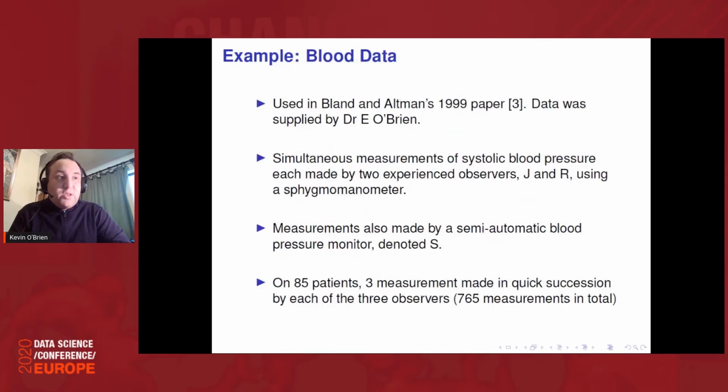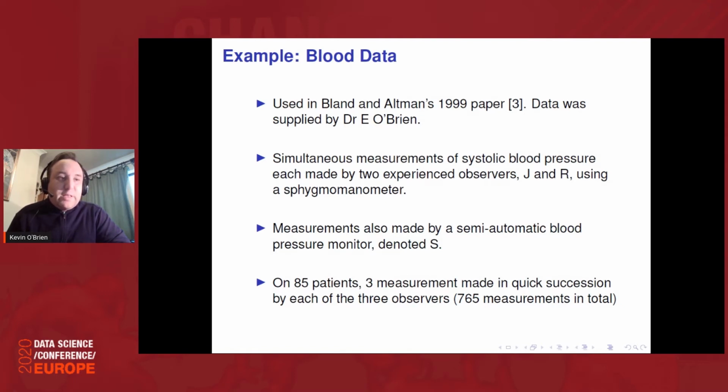Just a quick remark, the blood data is a data set available in the MethComp package. This is the main data set that people use to compare their methods. It's like the iris of method comparison studies, if you pardon the comparison. It's about measuring systolic blood pressure.